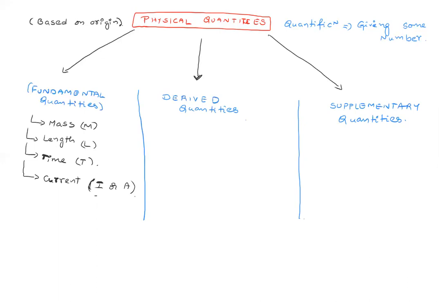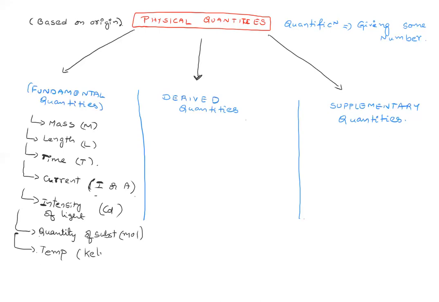Intensity of light is represented by candela. Quantity of substance is represented by mole, and temperature is represented by Kelvin, K.